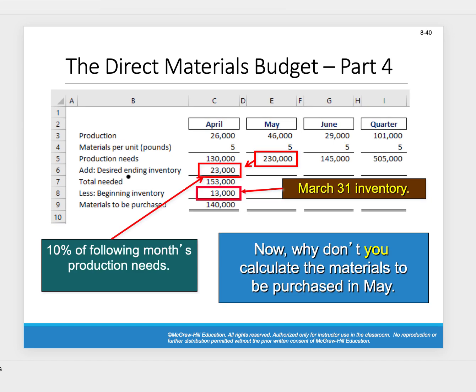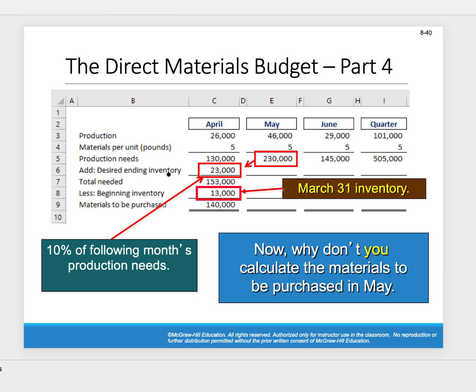So what I do is I add my desired ending inventory. At the end of the period, I want to have 23,000 pounds of this material. How did I get that? 10% of the following month's production needs. In May, I'm going to need 230,000 pounds, so I better end April with 23,000 pounds.